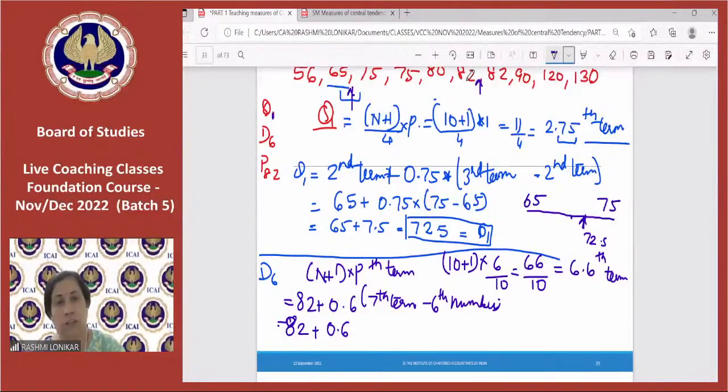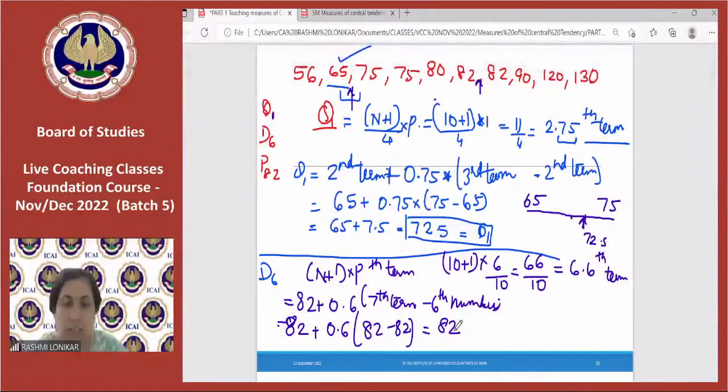It is also 82 and sixth term is also 82. So into 82 minus 82. Now how much is 82 minus 82? 0. 0 and plus 82, you will get 82. Okay, so D6 is 82. What does D6 mean? If I divide the given data into 10 equal parts and then I try to find the sixth part, it is going to be at 82. Okay.